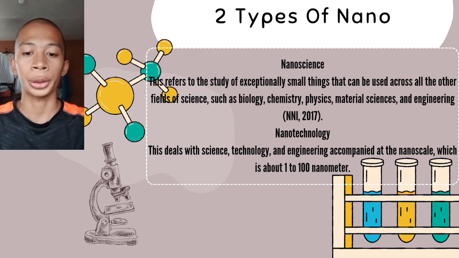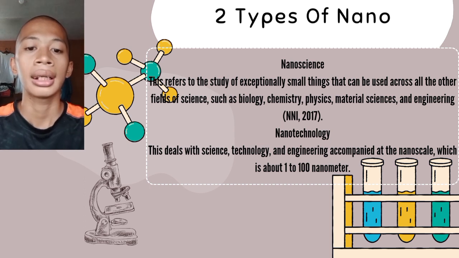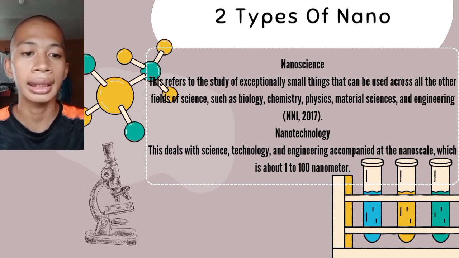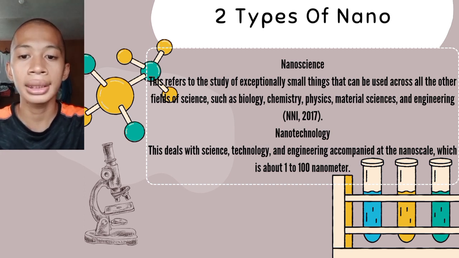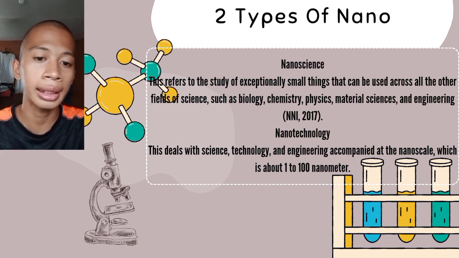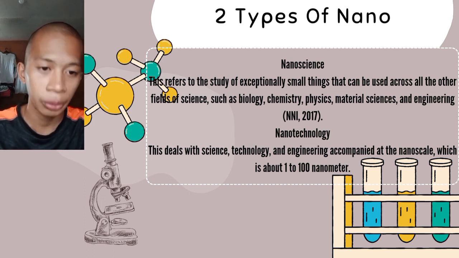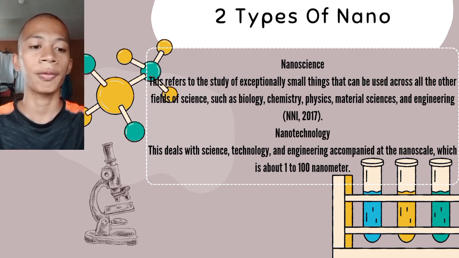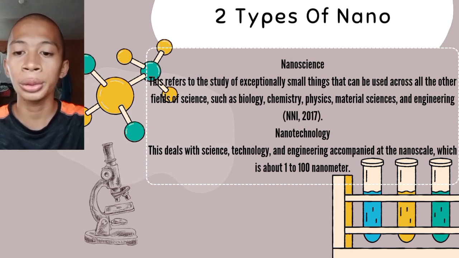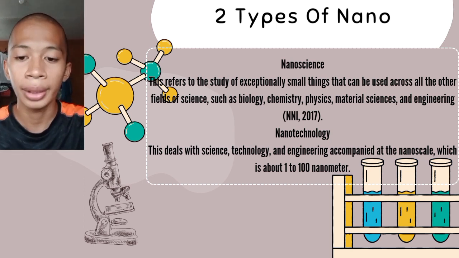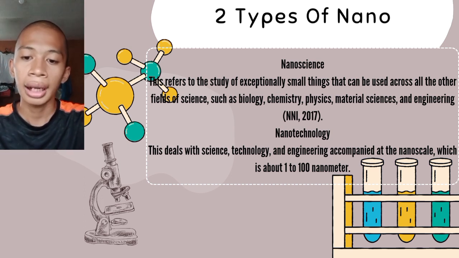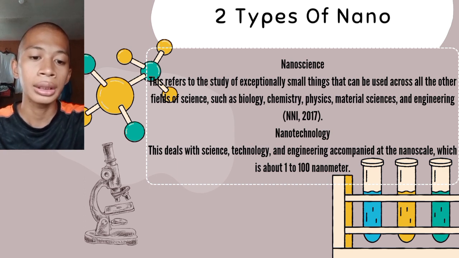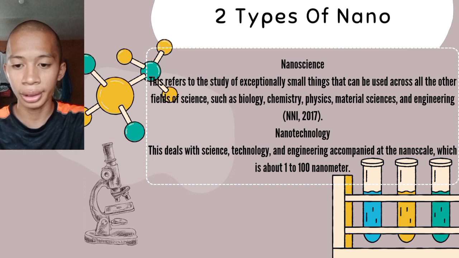Nanoscience studies structures and materials at ultra small scales and the unique and interesting properties these materials demonstrate. It is cross-disciplinary, meaning scientists from a range of fields including chemistry, physics, biology, medicine, computing, material science, and engineering are studying it and using it to gain a better understanding of our world.